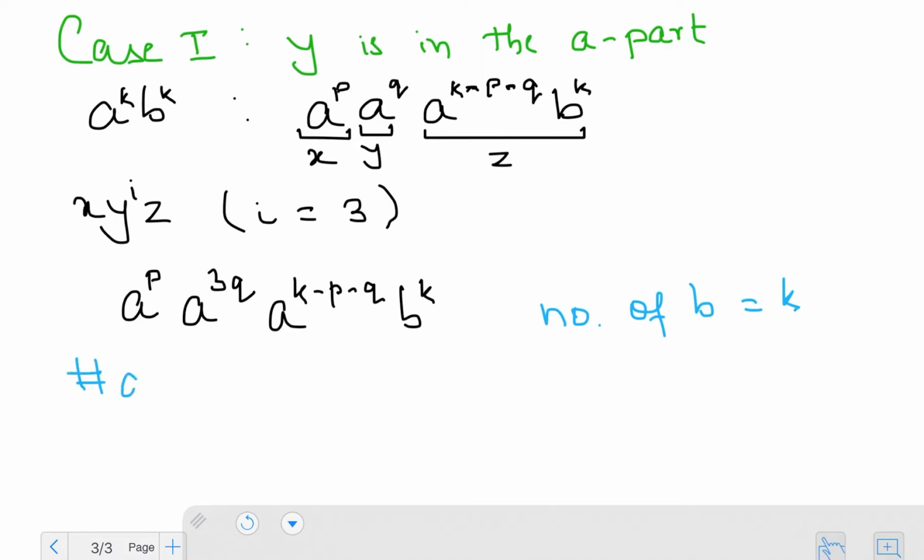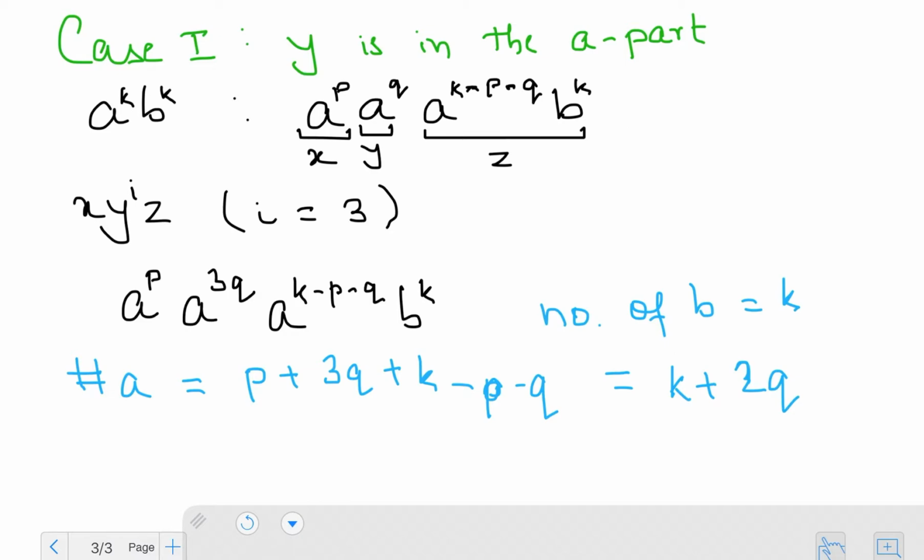So number of a's is equal to p plus 3q plus k minus p minus q, which is equal to k plus 2q. That's what I'm going to get.